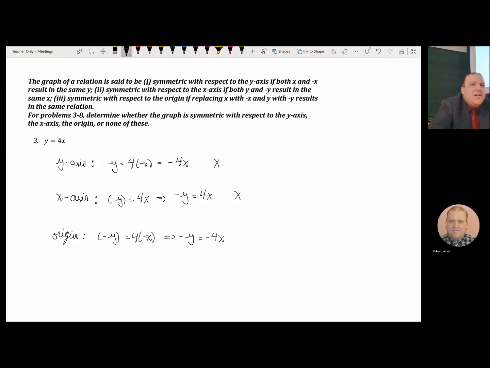Is that the same relation? Yeah, it is. You can just multiply both sides by -1. We have symmetry about the origin.